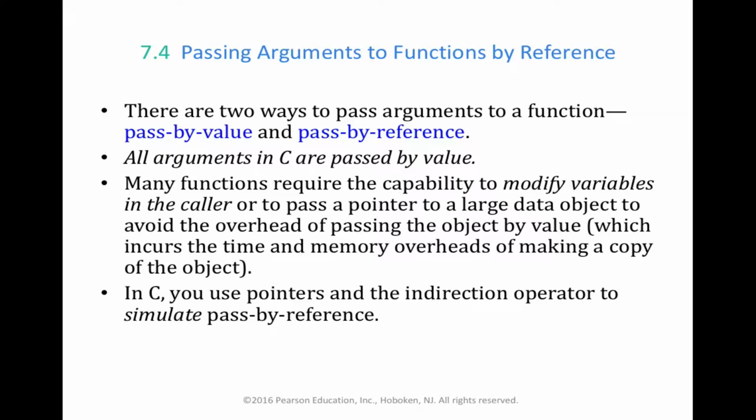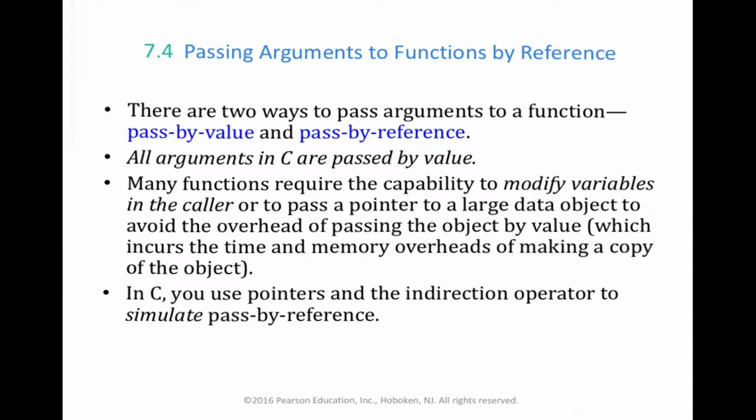If we pass a large object by value, we run into some issues with the time and memory that it takes to make a copy of the object. So we can use pointers and the indirection operator to simulate passing by reference.